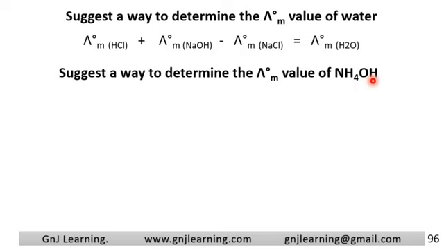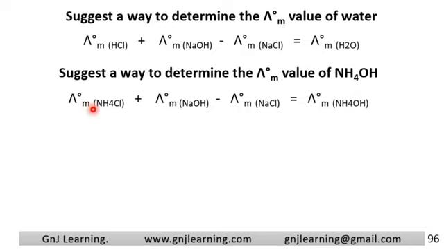Then an electrolyte with OH, you already selected here, that is NaOH. So you are adding ammonium chloride plus NaOH. So what is the electrolyte that is not present in NH4OH but present in both ammonium chloride and NaOH? It is again NaCl. So it is like this: ammonium chloride plus NaOH, and subtracting NaCl from it, gives lambda m0 of NH4OH.